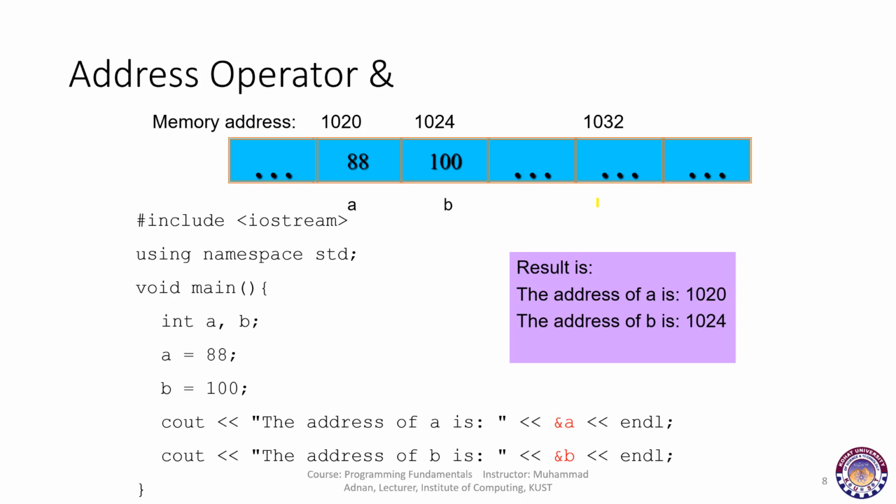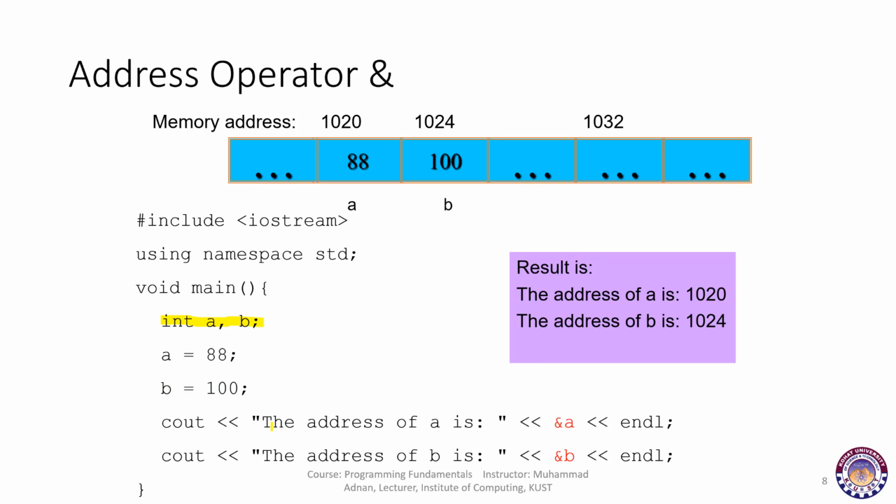All right, so we are going to continue our discussion on the address of operator. So these are your memory addresses 1020, 1024, and so on. Then we have a program where we have declared two integer variables, assigned 88 to a and 100 to b.